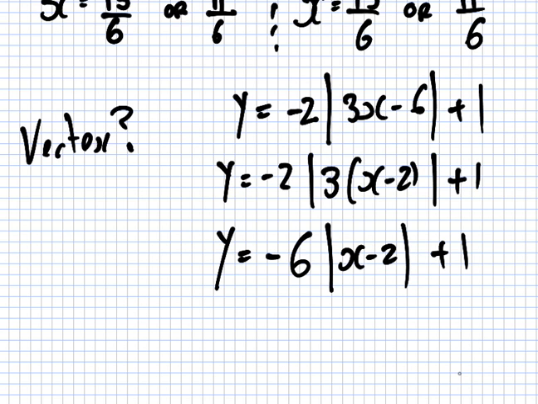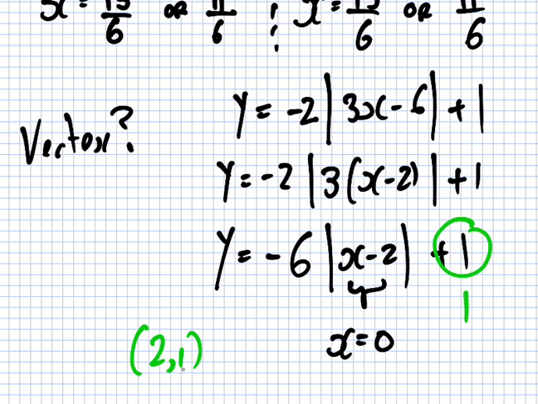So the biggest value I could get is when the first piece is 0, when I can no longer remove anything from the 1. So in other words, if I want to find the vertex, I need to make this piece equal to 0. So that means x equals 2. And when x is 2, what do I have for the y? 1. So in other words, the vertex is what? 2, 1.